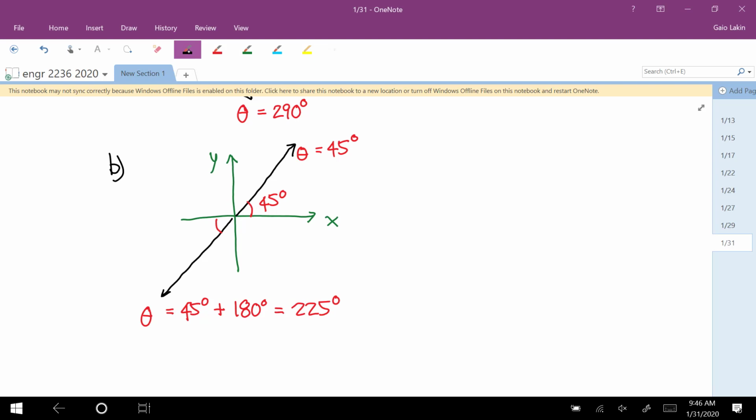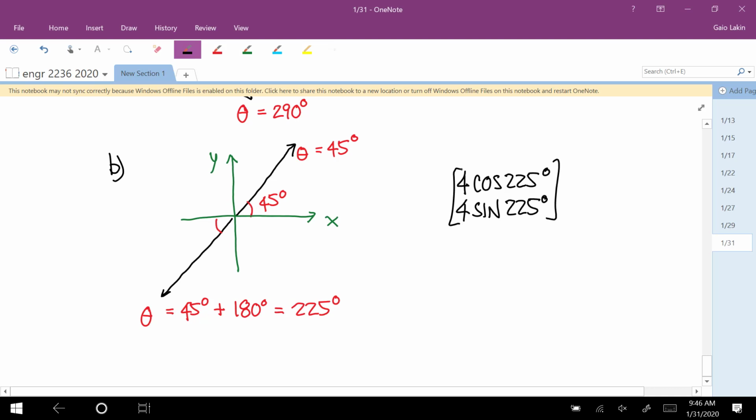The length of the vector we want is 4, so we have 4 times cosine and sine of 225, which is negative 3.464, negative 3.464.